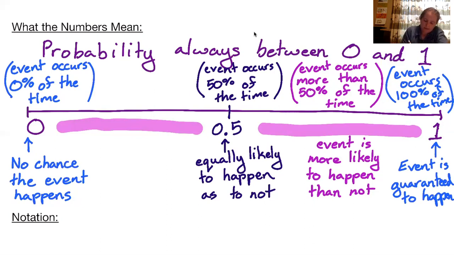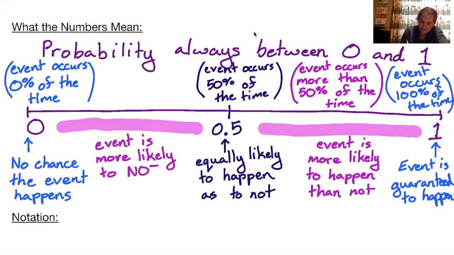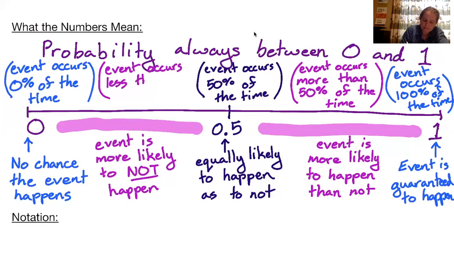So here, this is that the event is more likely to not happen. In terms of percent, the event occurs less than 50% of the time.